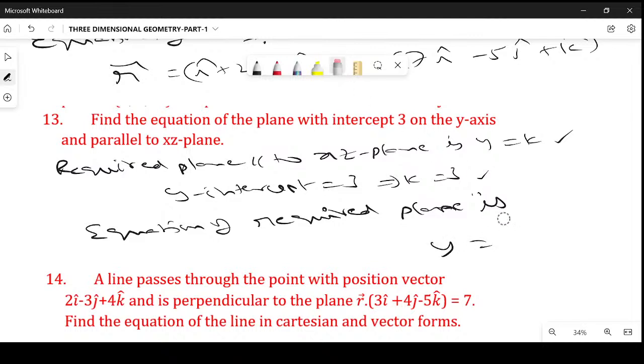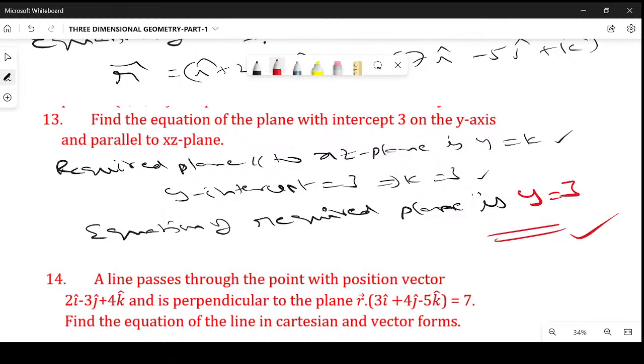Right. That's all. Y-intercept 3 and parallel to the zx plane means y is equal to 3. This is a simple answer.